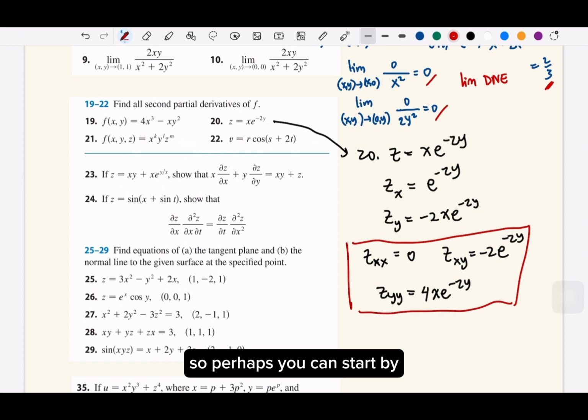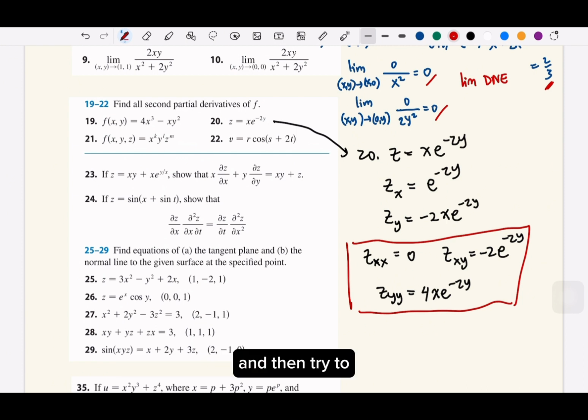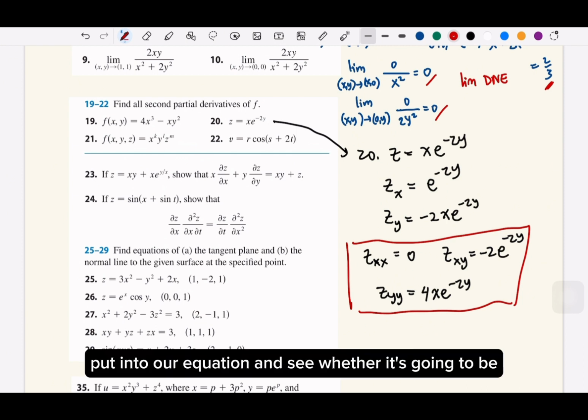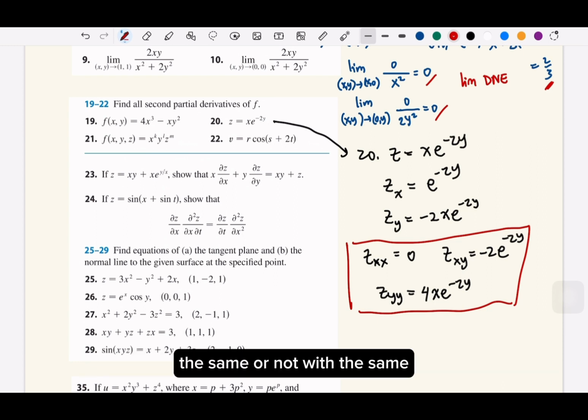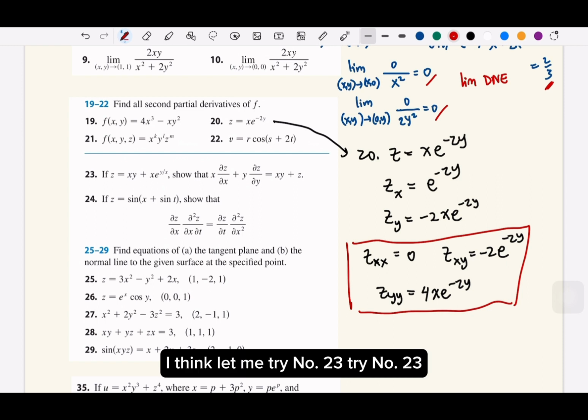So perhaps you can start by taking the partial x, partial y, see what will happen, and then try to put them into our equation and see whether it is going to be the same as the statement. I think maybe try number 23. Try number 23.